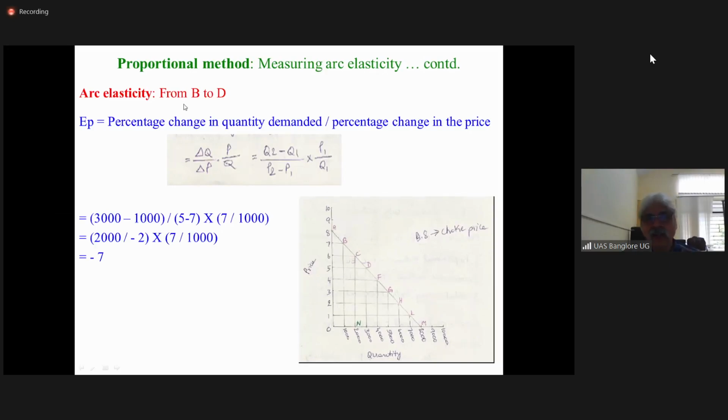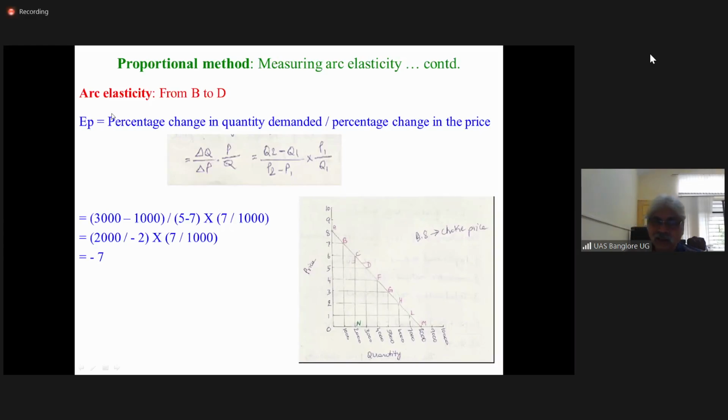For example, let us take B and D as the 2 points. B is here in the graph, D is here. What is the price elasticity when we move from B to D?